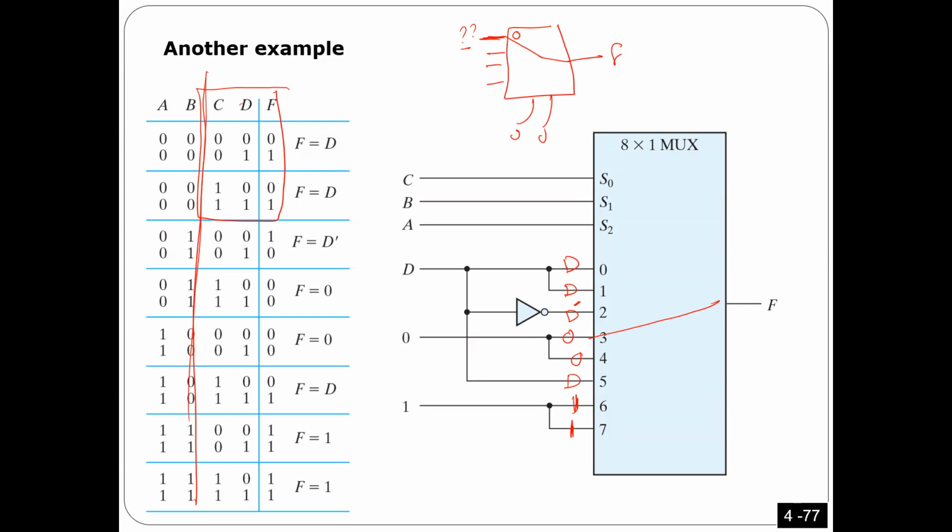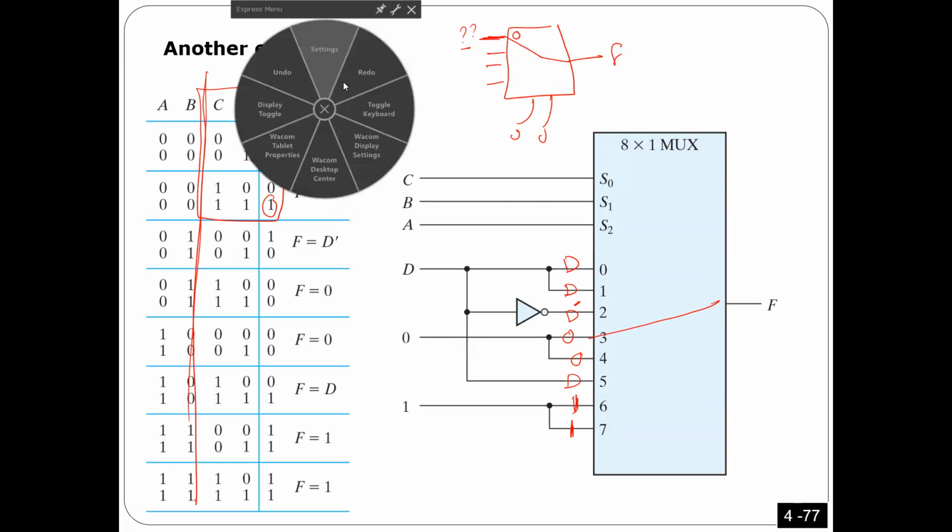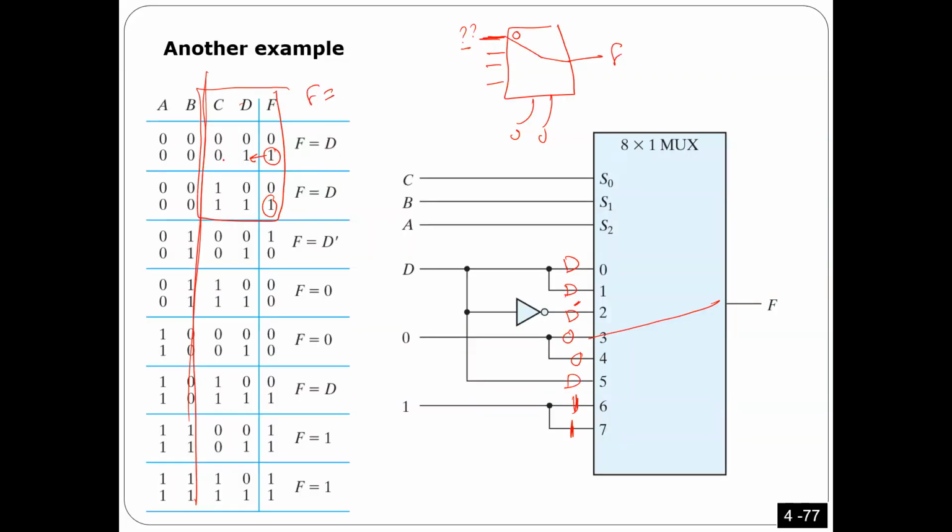For sure you need to simplify, but even if I don't simplify, it's very simple. So in this case F equals C prime D, or in this case CD. Then I can put this circuit here. You got what I'm saying?